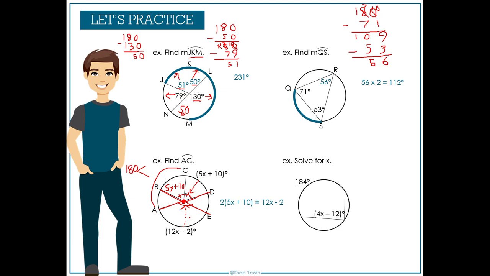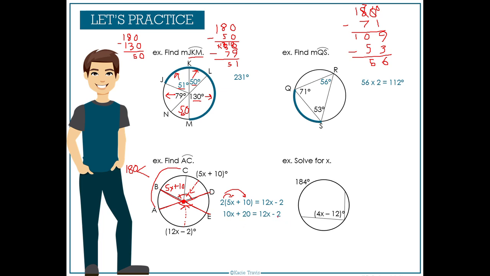So we got 2 times 5x plus 10. And then on the other side, we got 12x minus 2. All right, we see parentheses here. We don't like that stuff. We want to uncomplicate this. So let's distribute. That's giving us 10x plus 20 equal to 12x minus 2. I want to get all my constants to one side, all my variables to the other.